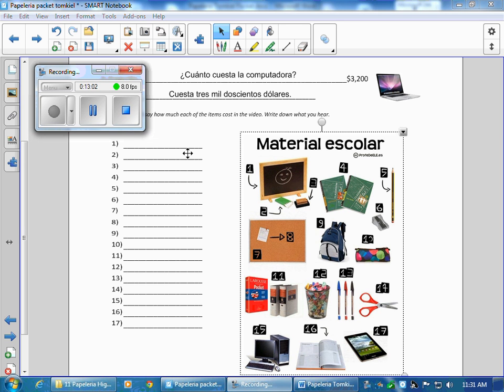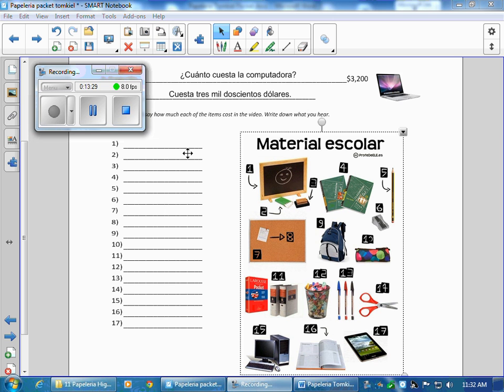I put the dollar first, so listen to that one again. Cuesta $3.481. Okay, number 16. Cuesta $90. And the last one, 17, cuesta $599.